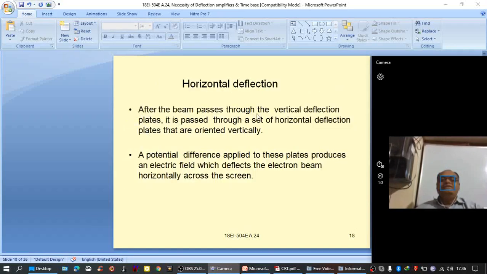After the beam passes through the vertical deflection plates, it passes through a set of horizontal deflection plates that are oriented vertically. A potential difference applied to these plates produces an electric field which deflects the electron beam horizontally across the screen.